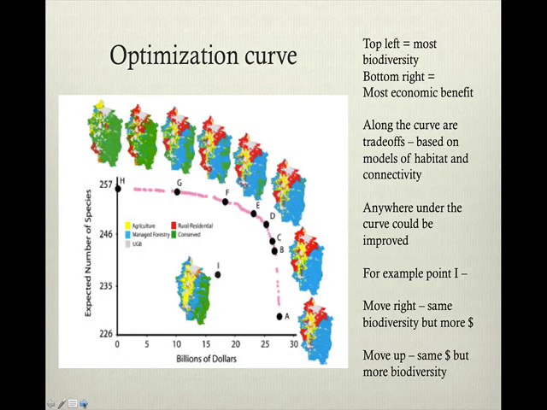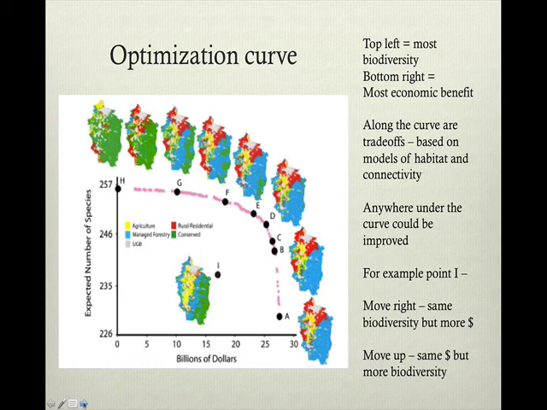When you do that, you come out with this diagram. I'm going to explain this optimization curve. Over the top left, you see the little diagram of the Willamette Valley. It's almost all green. You get the highest biodiversity, with an expected number of species at 257. So this is all done by simulation modeling.